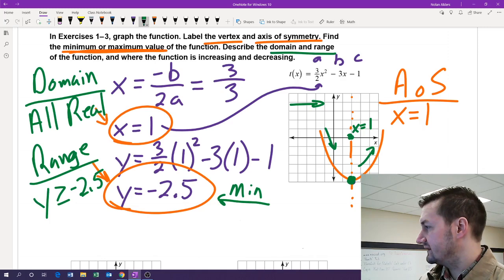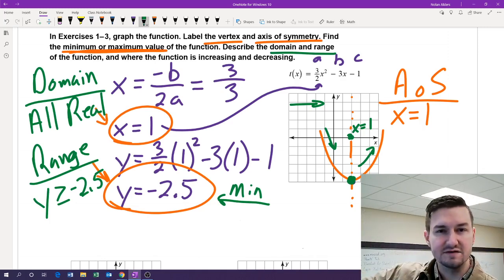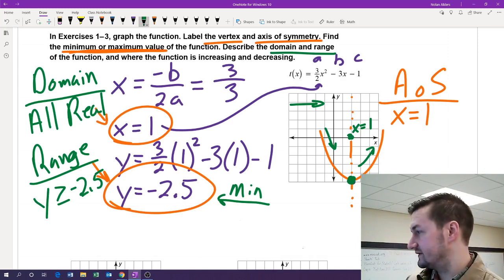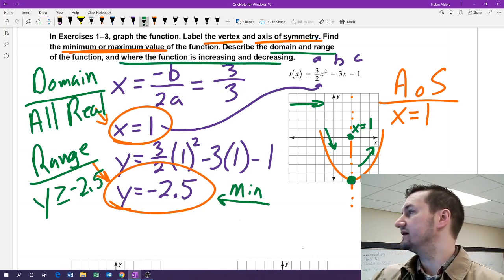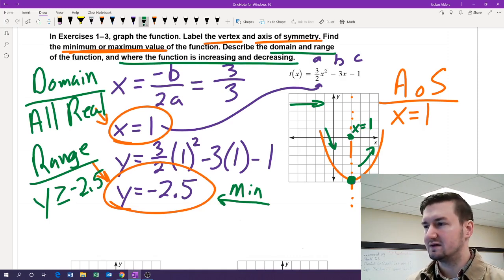So for x less than 1, for all the values to the left of that, our function is decreasing, and for all the values greater than 1, our function is increasing. I think that's the last thing we had to talk about here. A lot of things to look at.